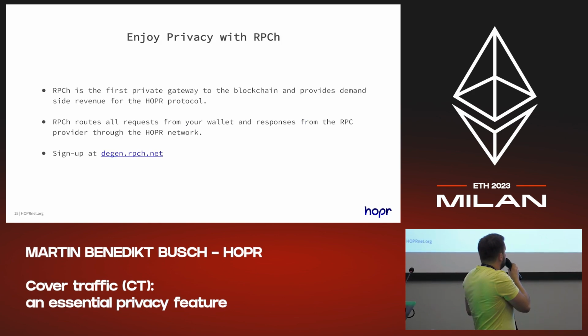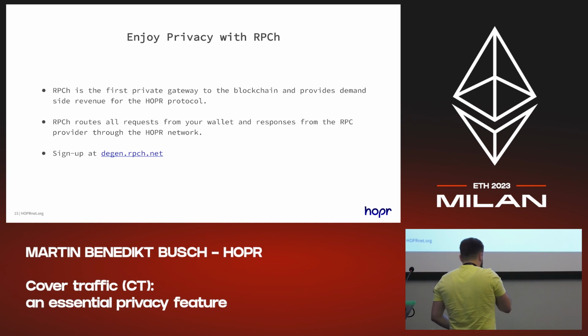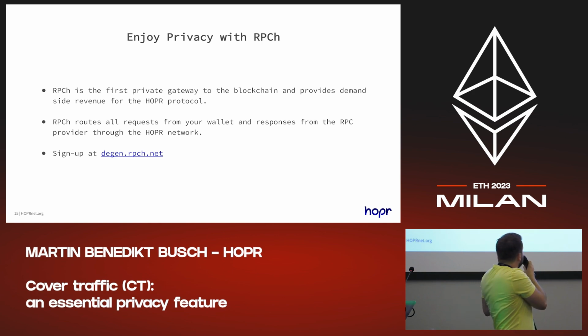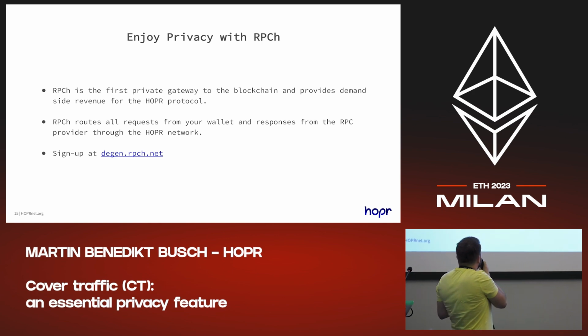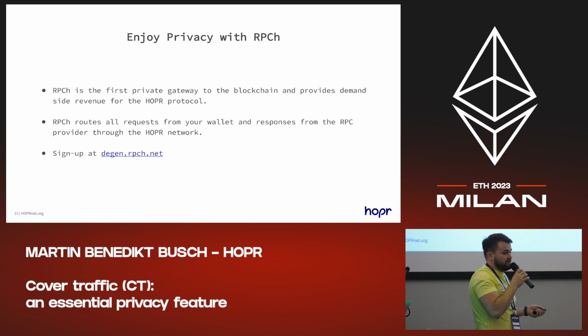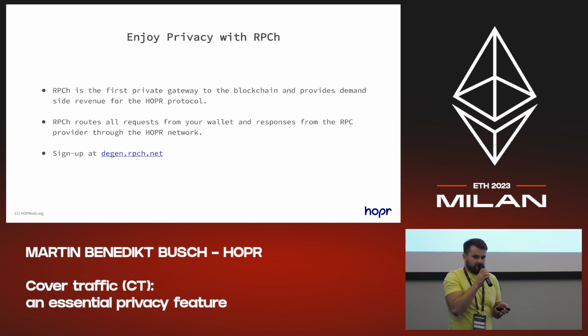Lastly, our product that launched yesterday is basically: enjoy privacy with RPCH. RPCH is the first private gateway to the blockchain and provides demand-side revenue for the HOPR protocol. Cover traffic is nice to have and provides supply-side revenue, but supply-side revenue is not sustainable in its current form because we, the HOPR Association, pay for it.